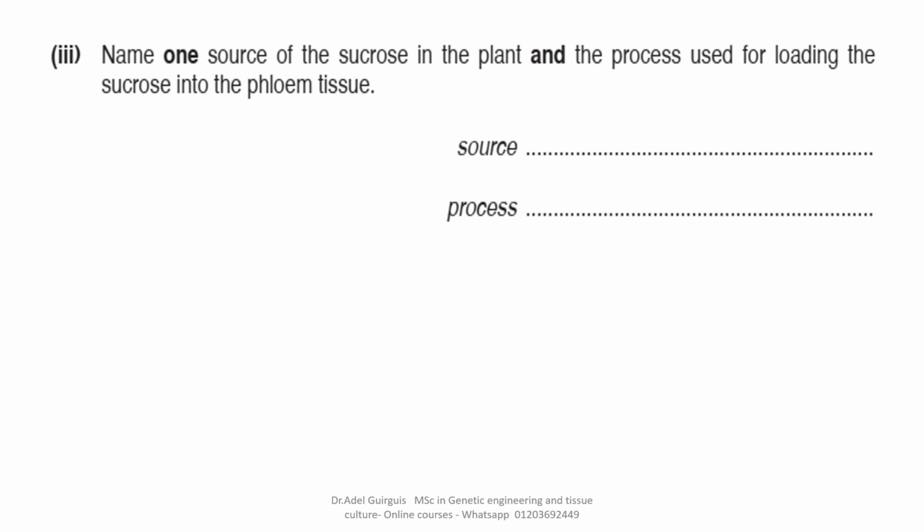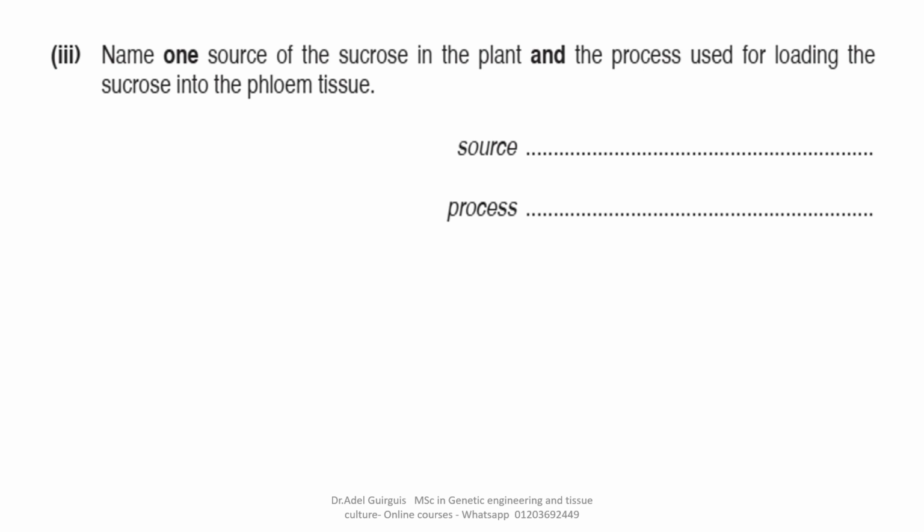Part three: name one source of sucrose in the plant and the process used for loading sucrose into the phloem tissue. This is theoretical, from theory, from your study, like paper 2. Name one source of sucrose. Sucrose passes, or is translocated, through phloem from what? From leaves.